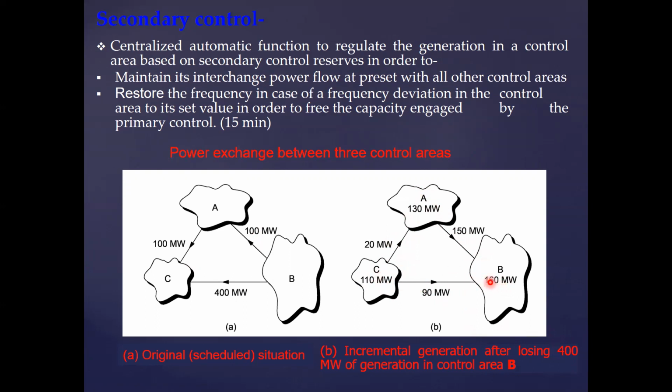So whenever you have any contingency in each of these areas, there would always be a change in the scheduled amount of power flow in the tie line.